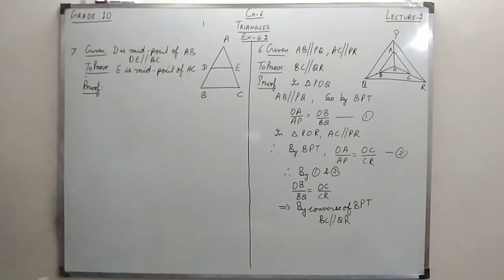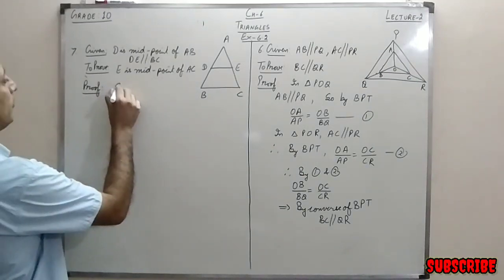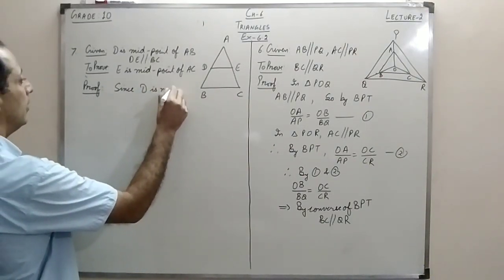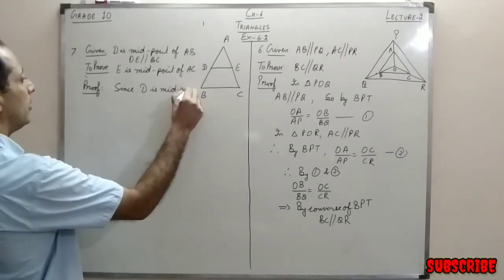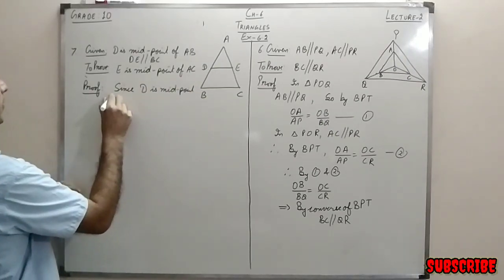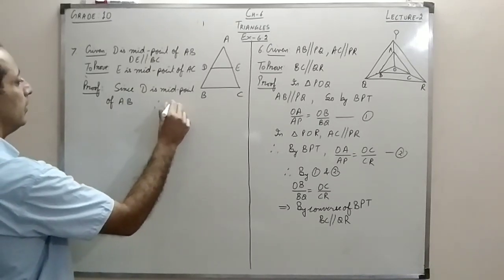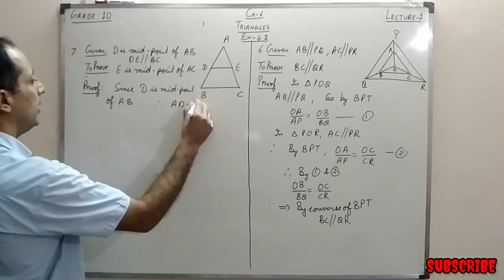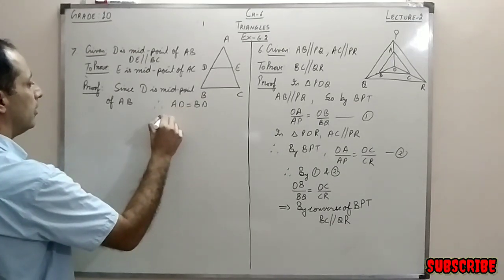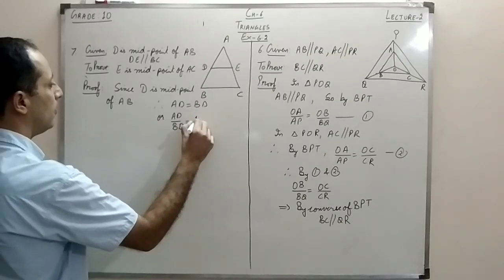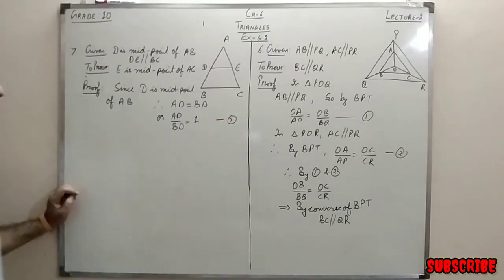So how can I prove? Now since D is the midpoint of AB, therefore AD is equal to BD, or AD upon BD will be equal to 1. Let me put this as first equation.